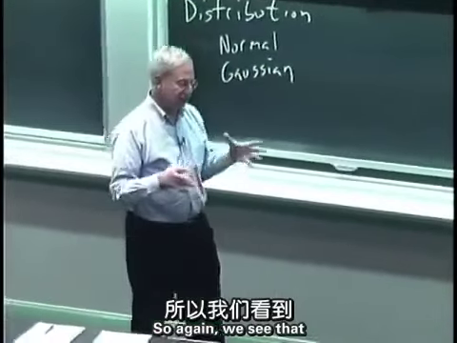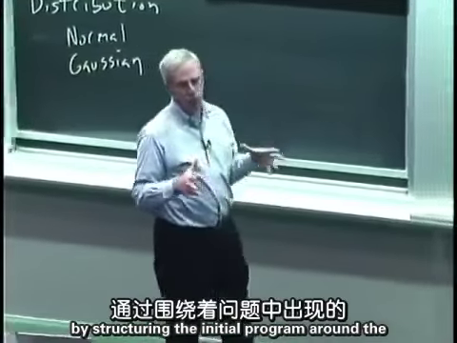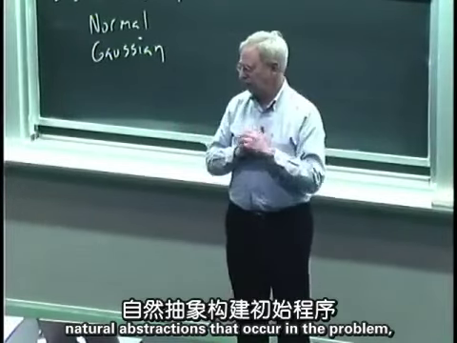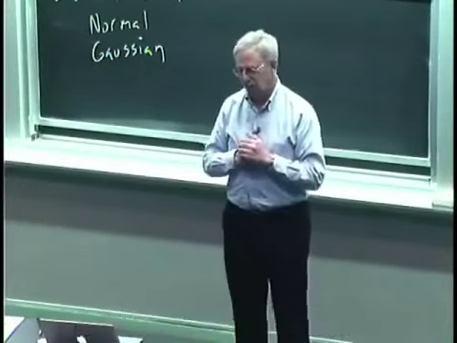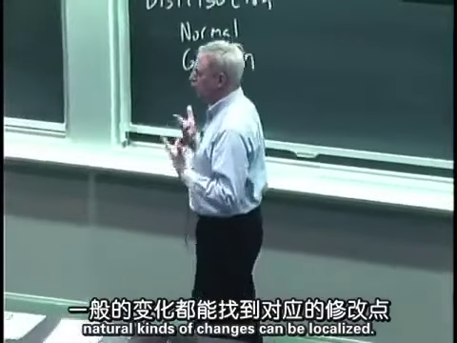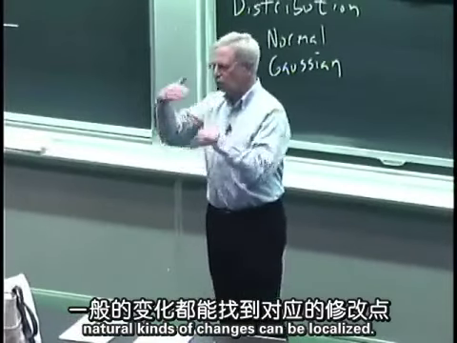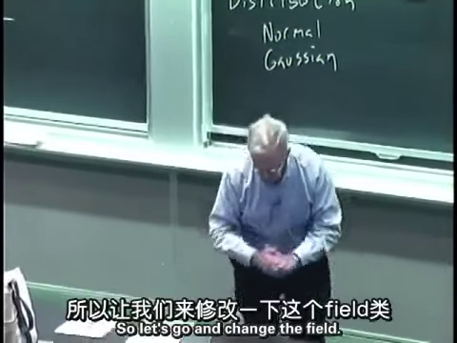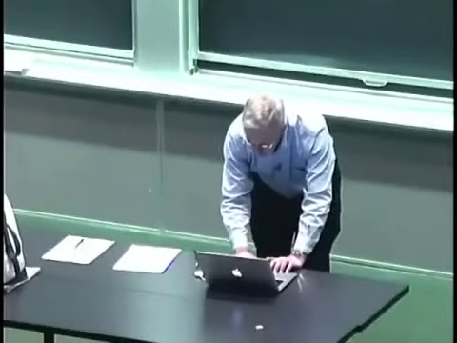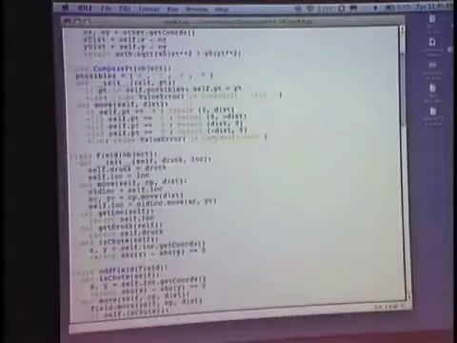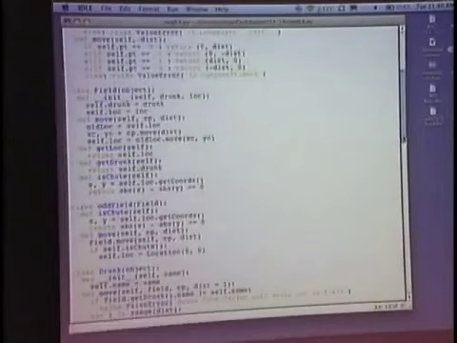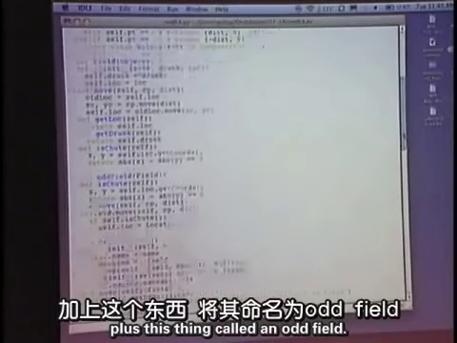So again, we see that by structuring the initial program around the natural abstractions that occur in the problem, natural kinds of changes can be localized. So let's go and change the field. So I'm going to have the field I had before, plus this thing called an odd field.